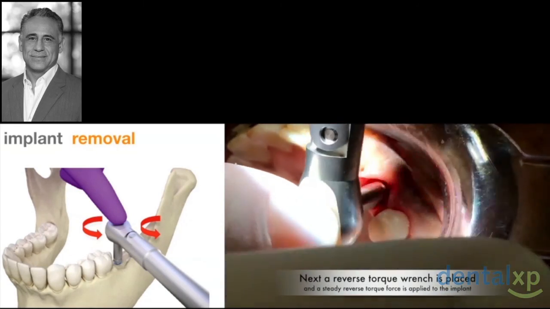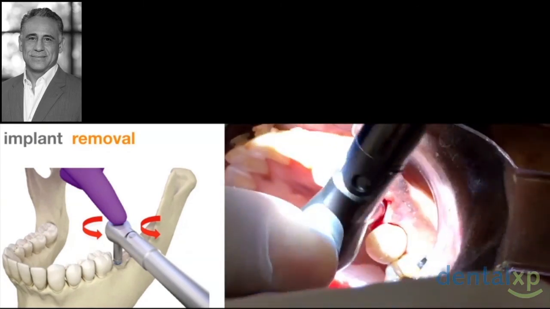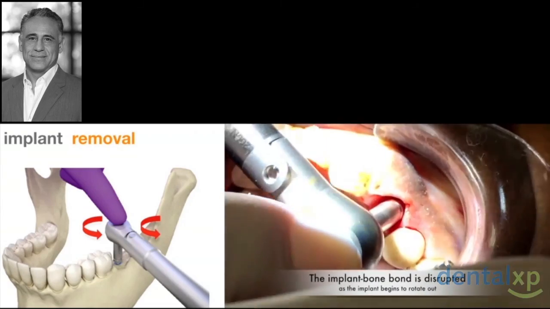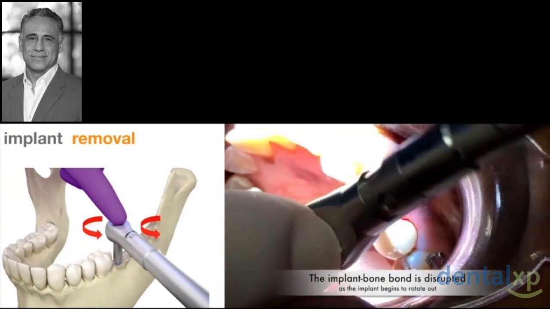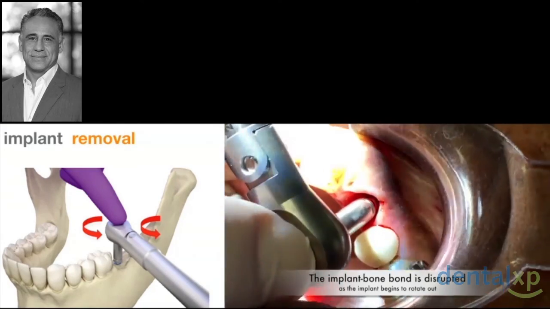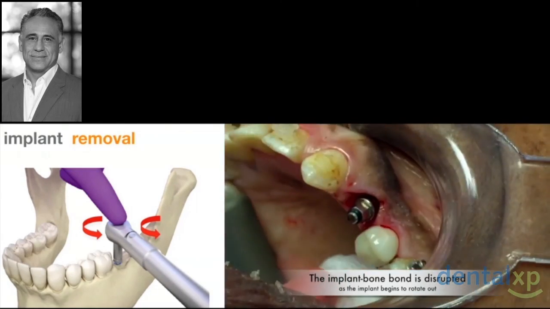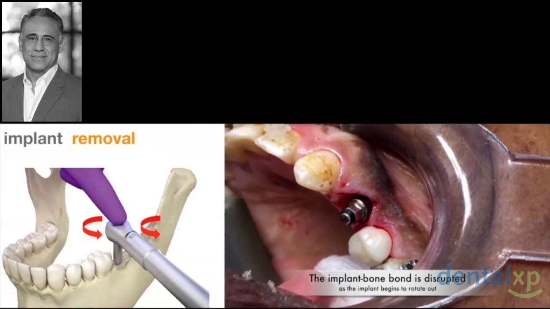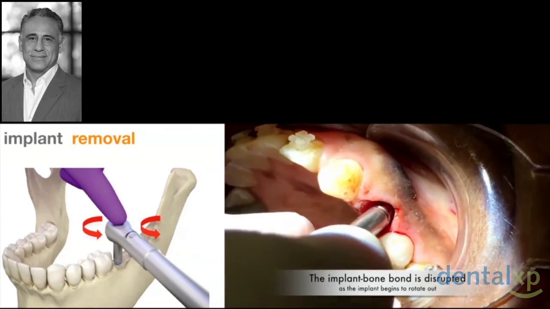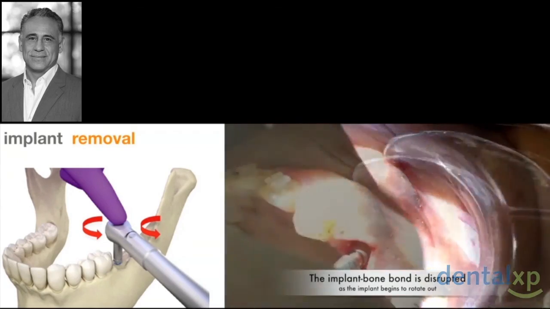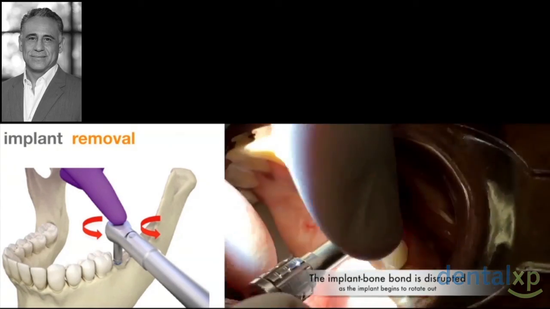Of course, this procedure can happen much easier when there is already loss of bone around the implant, but there are some instances where the implant may be fractured, the bone may be quite thick and dense, especially in D1 or D2 bone, and of course this technique needs to be modified for those particular patients.